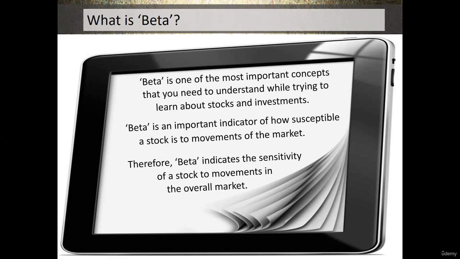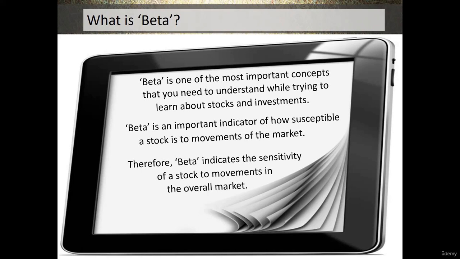The activity of rash driving by this individual will be unsystematic risk, because it is specific risk, specific to that individual's style of driving.